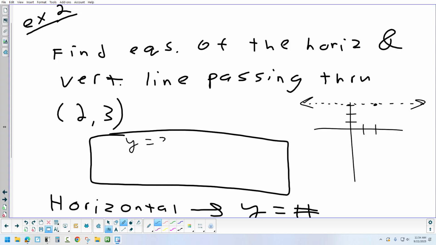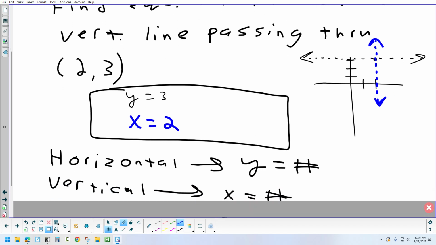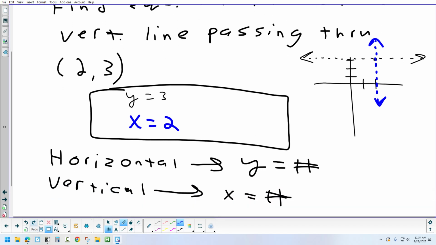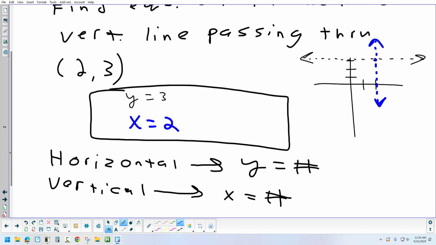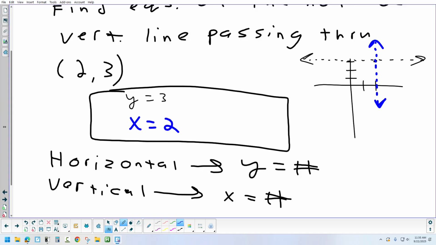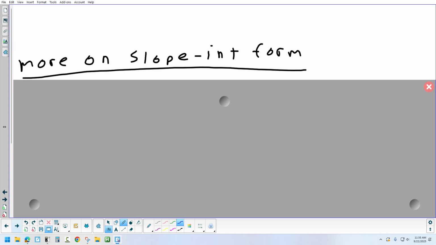So special case, y equals 3. And what about the vertical line that goes right through that point? Yep. x equals 2. Okay, so again, those are special cases. Any questions on that? Okay, again, it should be all stuff you're just trying to recall from Algebra 1.